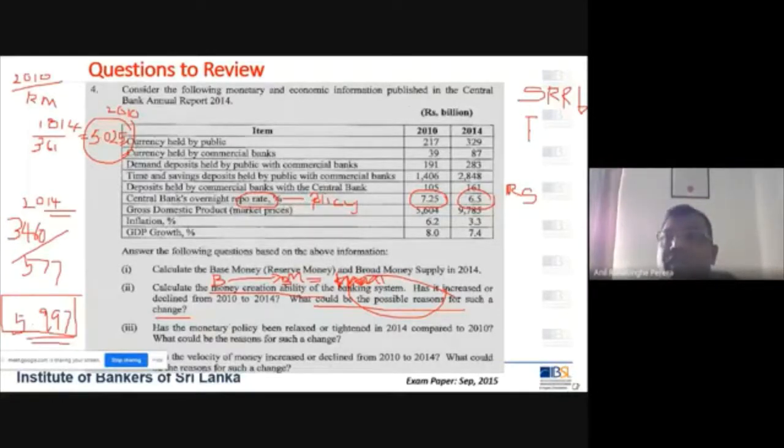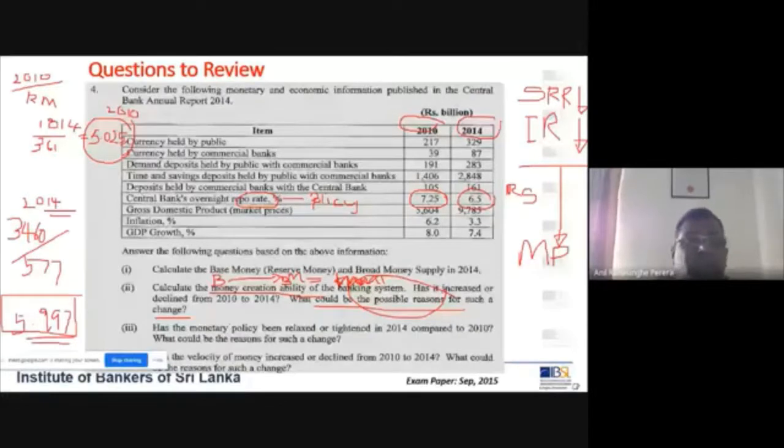That could be another reason. So both these suggest what? The central bank has relaxed monetary policy. From 2010 to 2014, monetary policy has been relaxed, or it has given more flexibility to the economy.